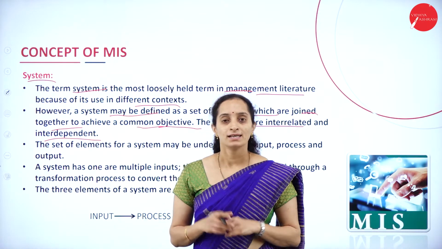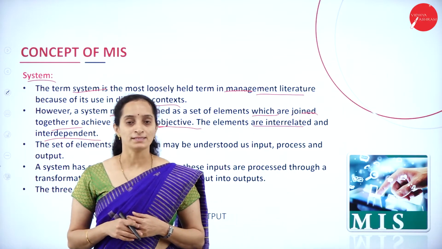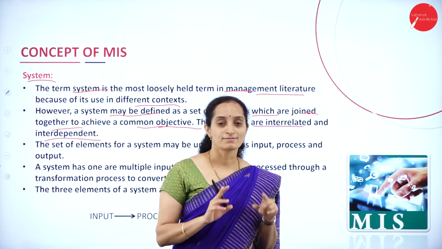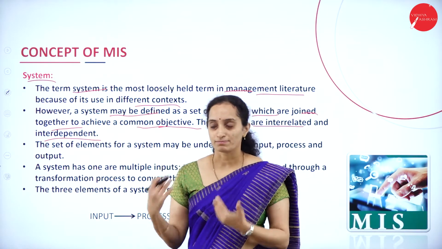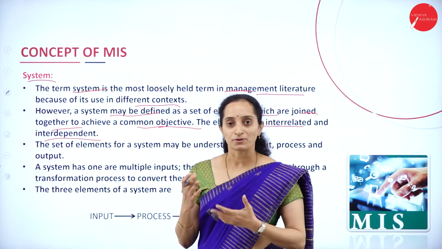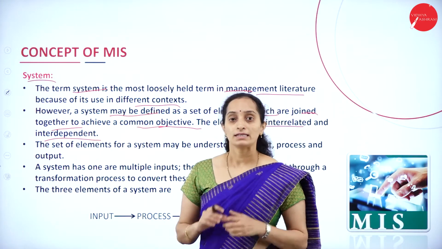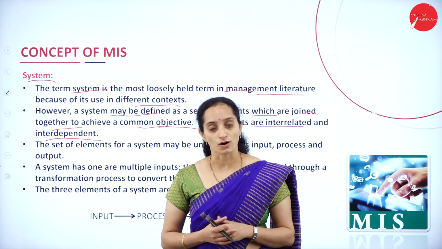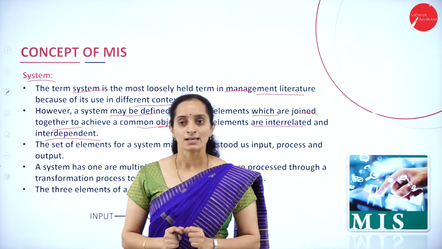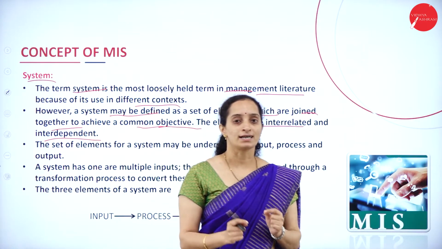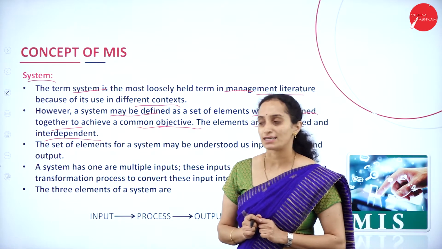The teachers, the students, the management, and the components which help in working, like tables, chairs, blackboards, classrooms, laboratories. These are the set of elements, isn't it? They are joined together to achieve a common objective. What is the common objective? To make the students get a degree or graduation. It is the common objective, isn't it?